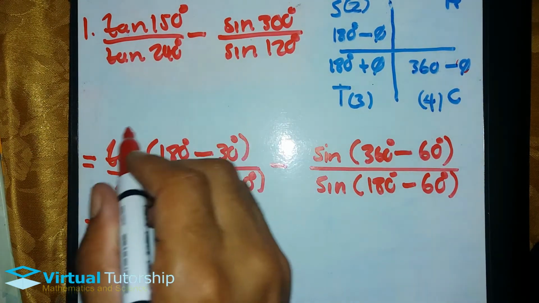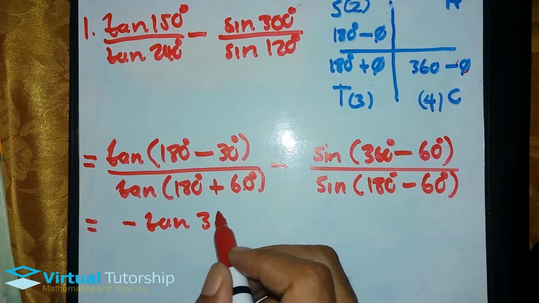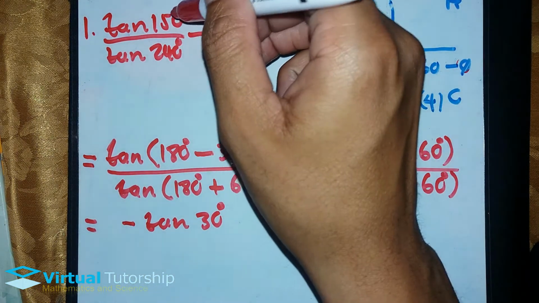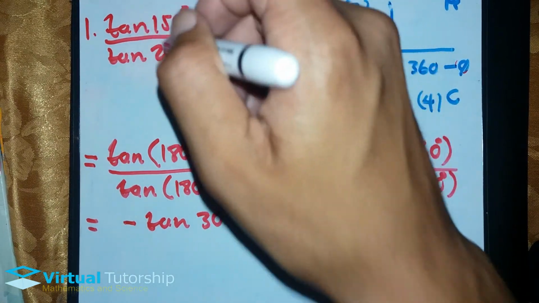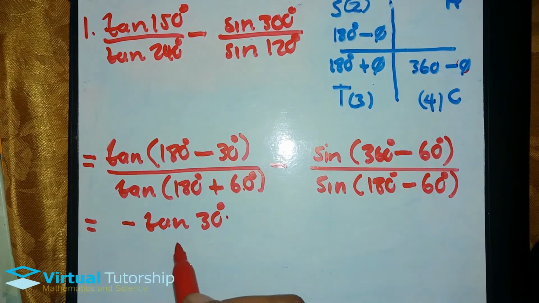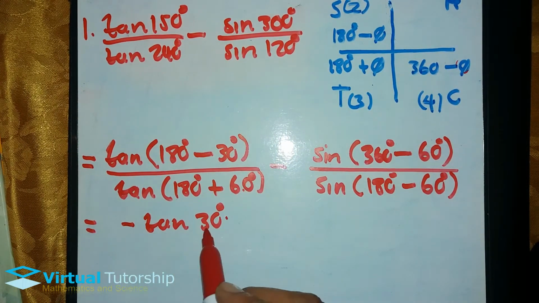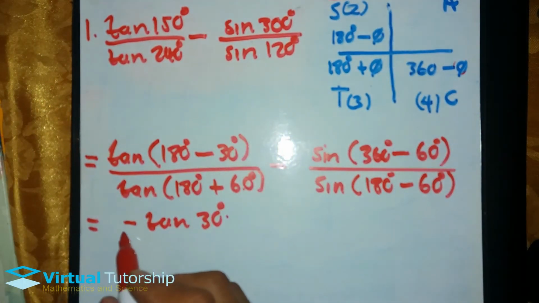So the answer for this reduction formula is going to be negative tan 30 degrees. Remember sifuna ukureduce lama reflex nama obtuse angles to ama acute angles. So in other words, minus tan 30 degrees is equal to tan 150 degrees.